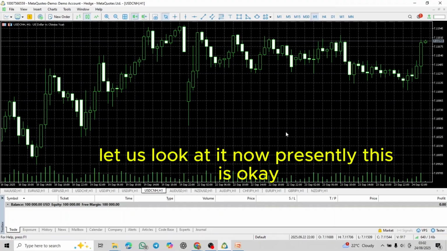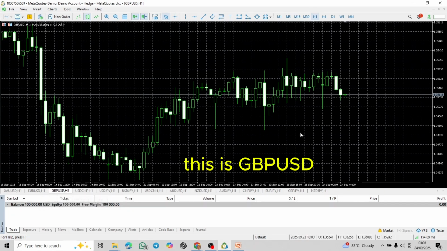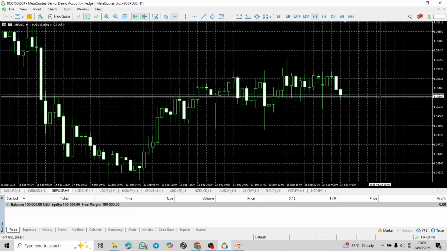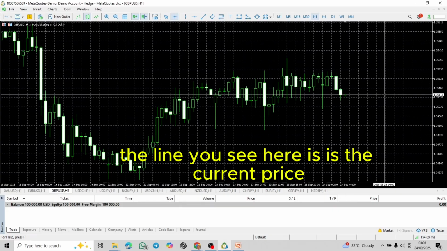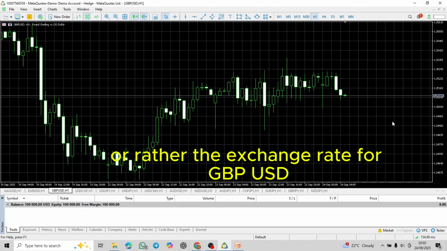Let us look at it now. Presently, this is GBP USD. The line you see here is the current price, the international price for GBP USD, or rather the exchange rate for GBP USD.